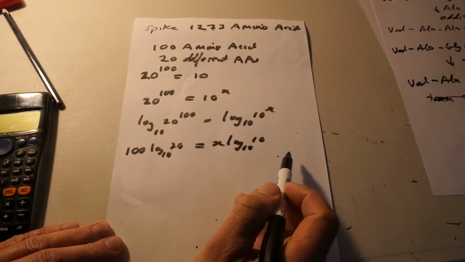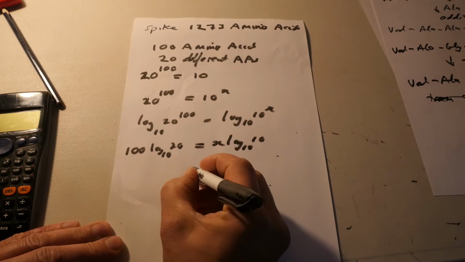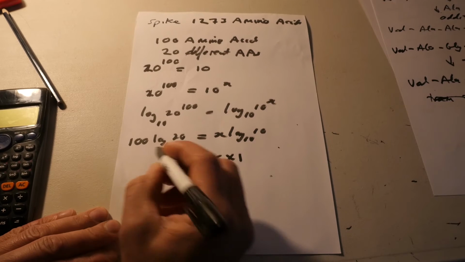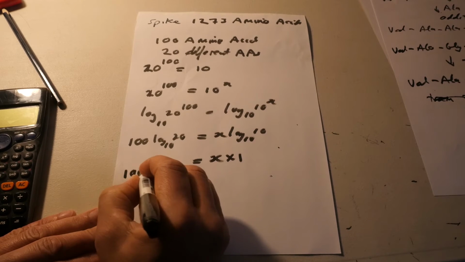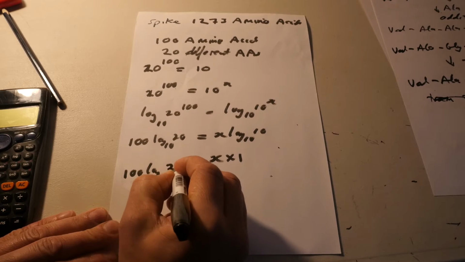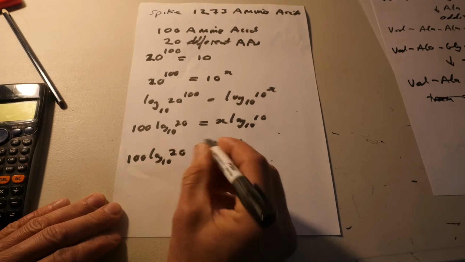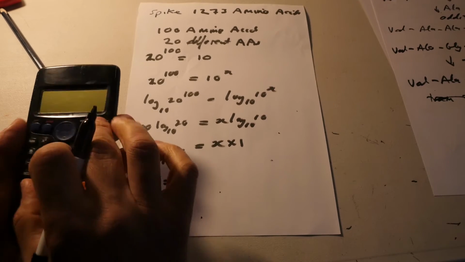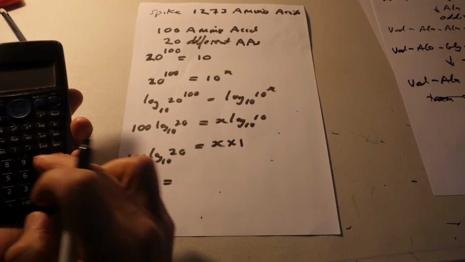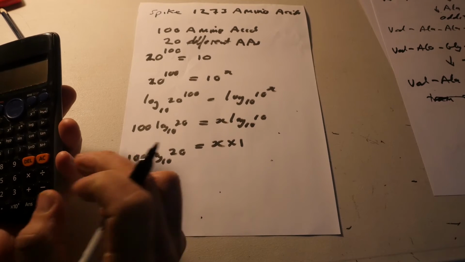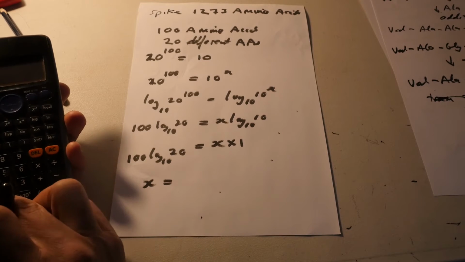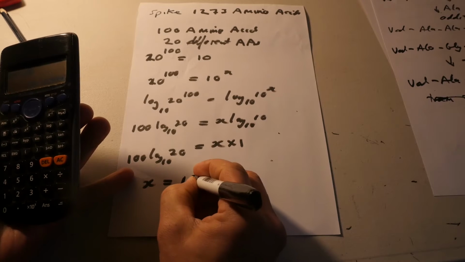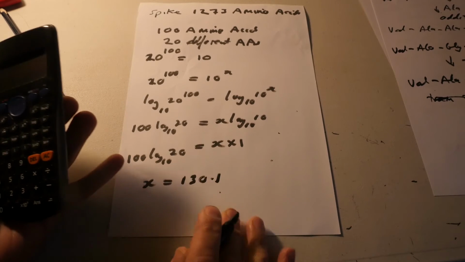Log base 10 of 10 is 1, so that equals x times 1. So x equals 100 log base 10 of 20, which is 1.3 times 100, so x equals 130.1.